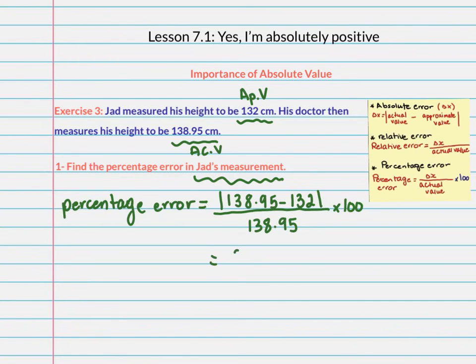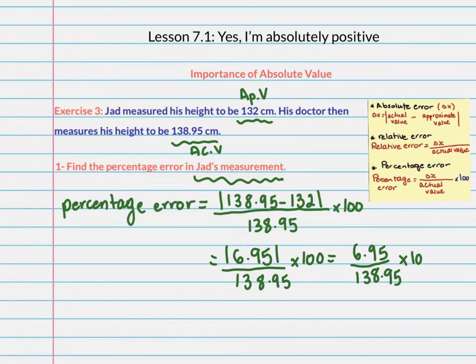It is 6.95, absolute value of course, divided by 138.95 times 100. The absolute value of 6.95 is 6.95 over 138.95 times 100. The answer will be 5.002%.